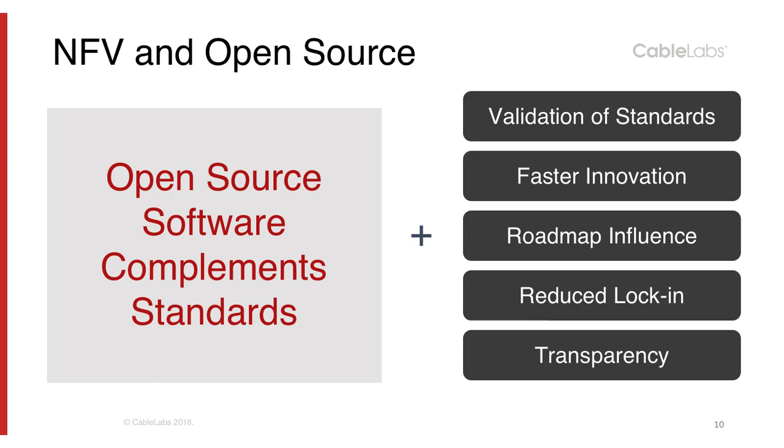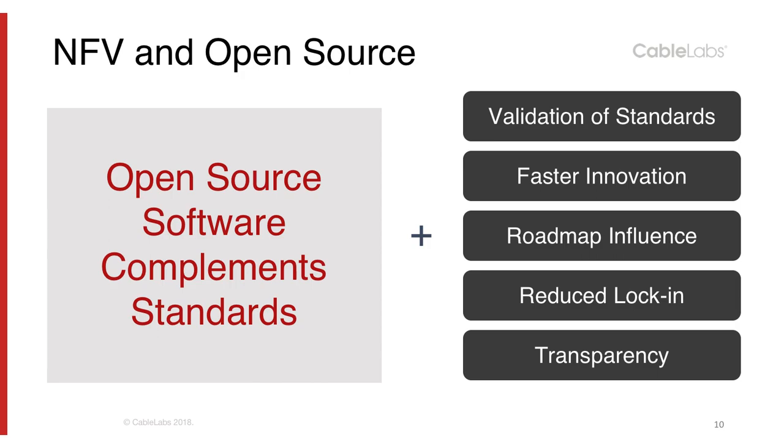Open source provides for reduced lock-in. Typically, there are multiple vendors working on a successful or a vibrant open source project, and that reduces the chance of lock-in. And of course, the ultimate defense to lock-in is the ability for a CSP to do it yourself. They could just take the open source software and support themselves.